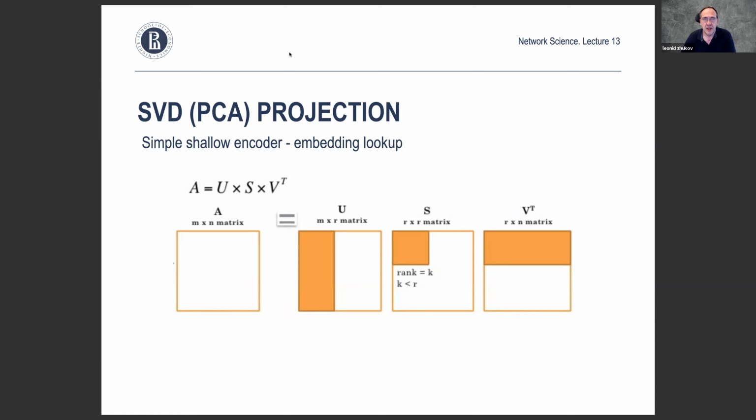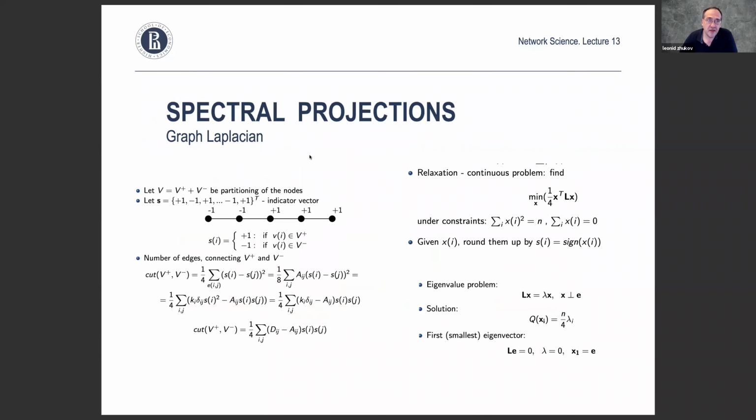Now, the next method of projecting is actually much more powerful than just using SVD, but it is very much connected to it. And in fact, we already learned it last module when we talked about spectral clustering.